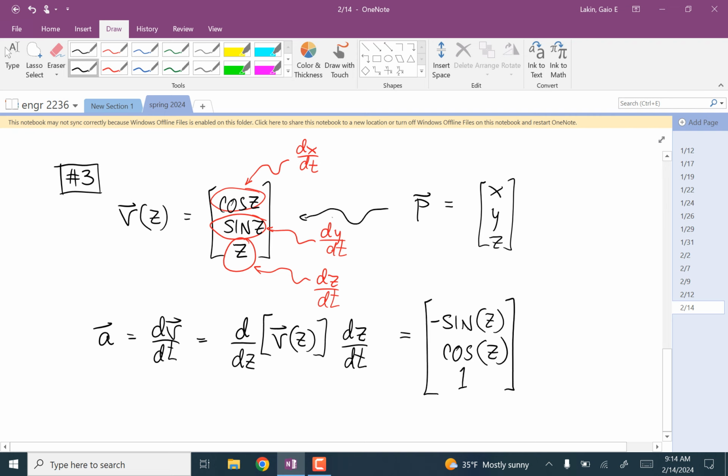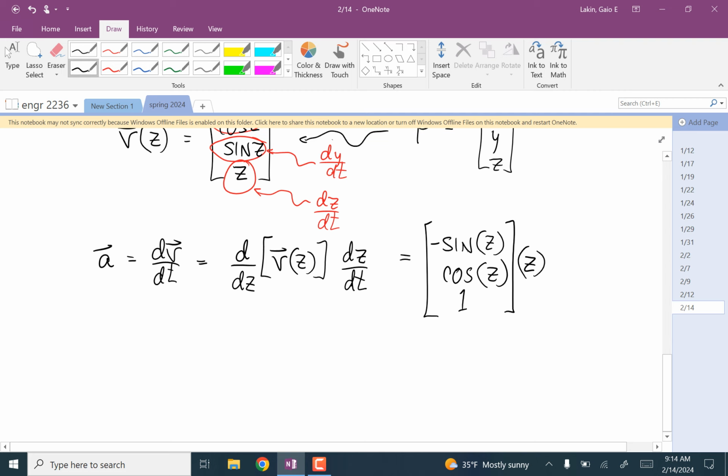And now we're multiplying that by dz dt. Well, that's just the z component of the velocity. And so now we have the acceleration given all as a function of z, and it's equal to negative z sine of z, positive z cosine of z, z.